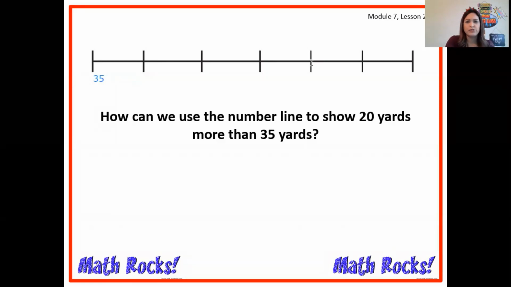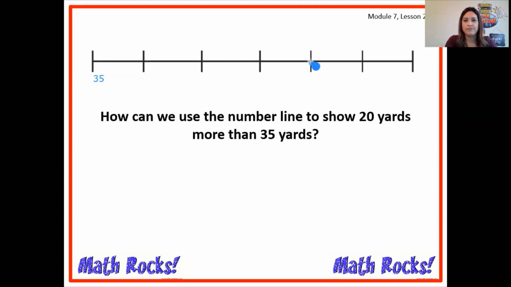So what do you think we can do to figure that out? We know this is our end point, but what can we do? So right here, we can count, right? What I want to do first is, we said this was our end point, so I'm going to draw a circle right there.